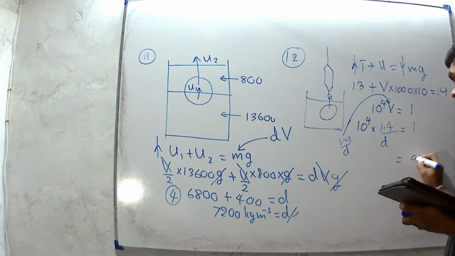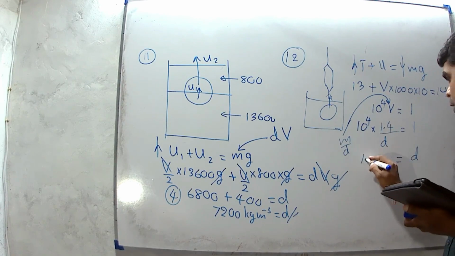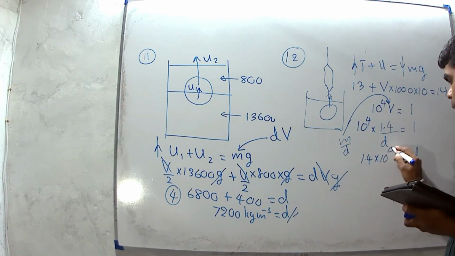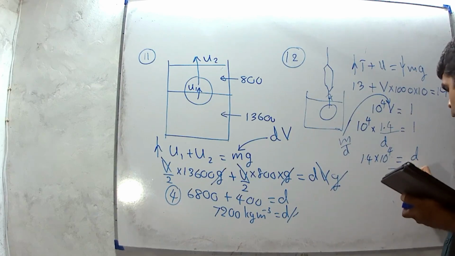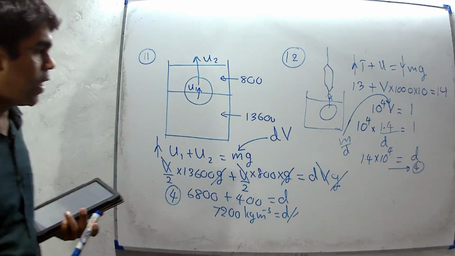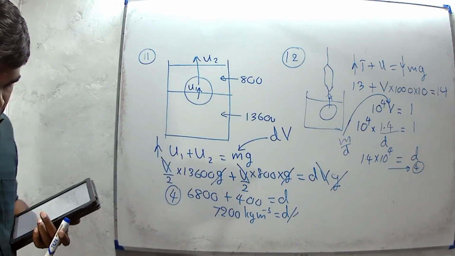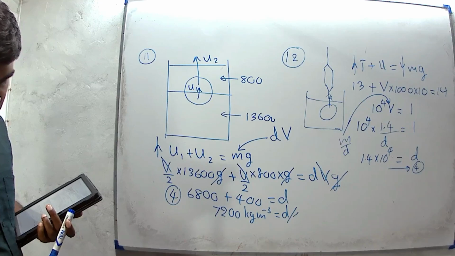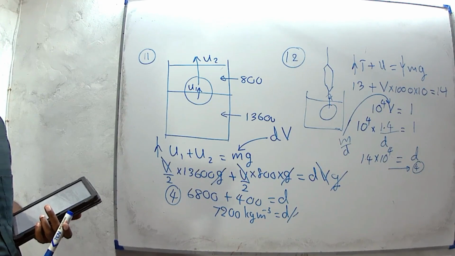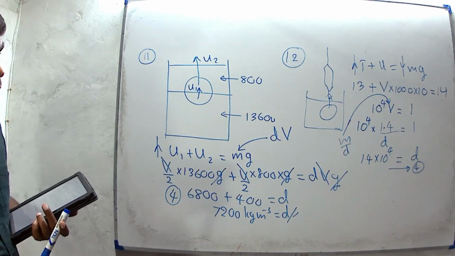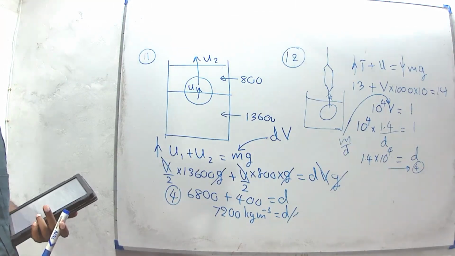Now we can make density the subject. 1.4 into 10 to the power 4 in SI unit, kilogram per cubic meter. Answer is 4 for question number 12. If this density is equal to the density of gold, it is made of gold. It is the Archimedes method. If the density is not equal to the density of gold, the crown is made of a mixed alloy.